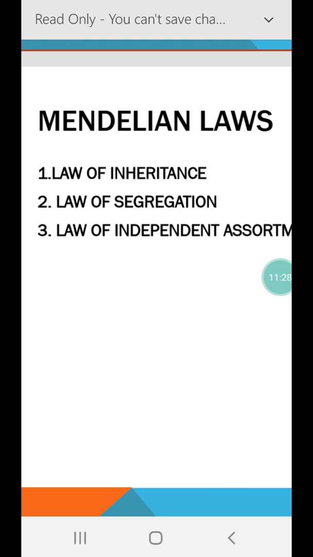So many means 7 characteristics he chose for the F1 generation to raise the F2 generation. And he found out the ratio in all cases is 3:1. So he found ultimately 2 types of gametes are formed.